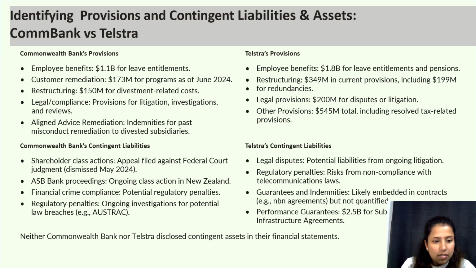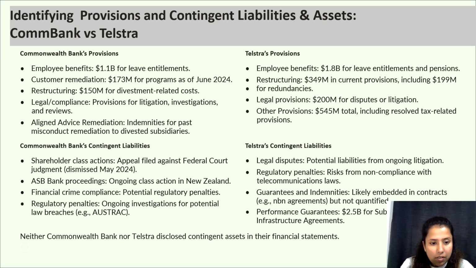Contingent liabilities at Commonwealth Bank include the shareholder class actions appeal filed against the federal court judgment, which was dismissed last year in May 2024. Next is the ASB Bank proceedings, which is the ongoing class action that took place in New Zealand.